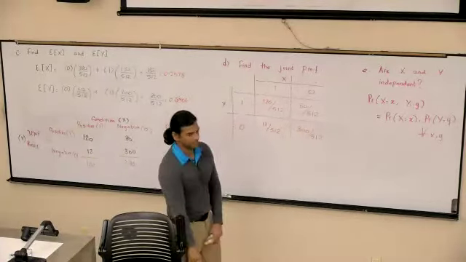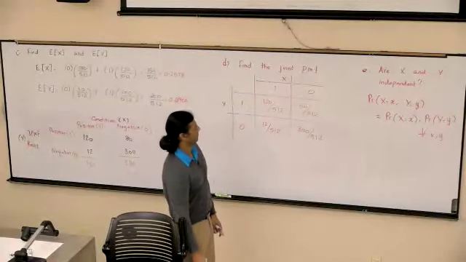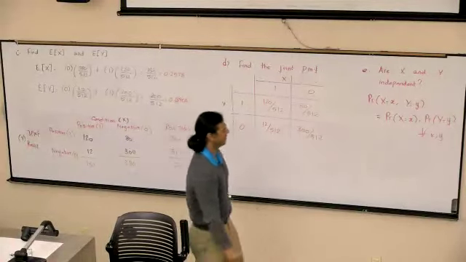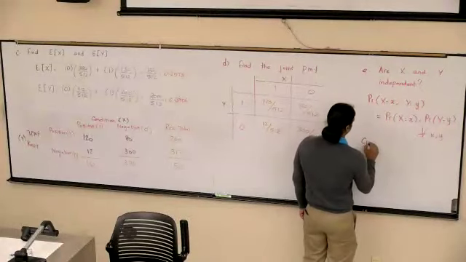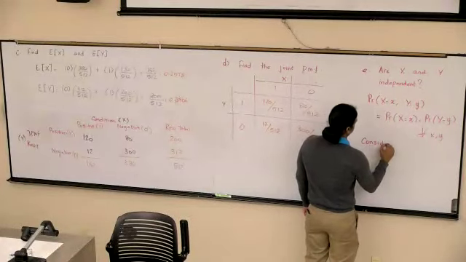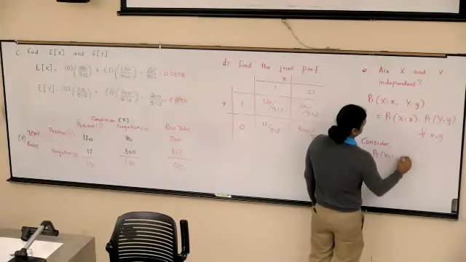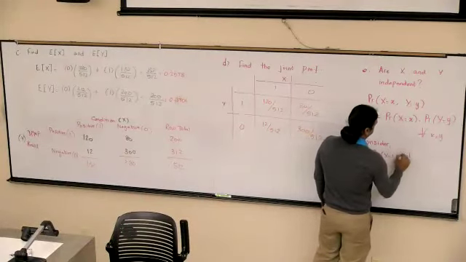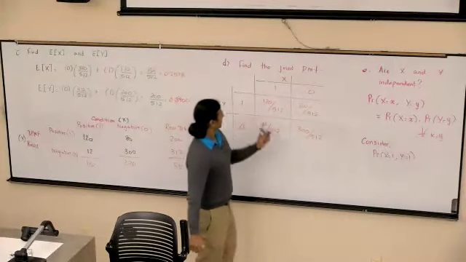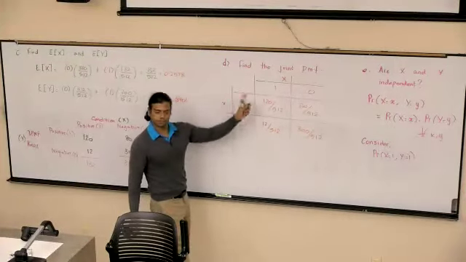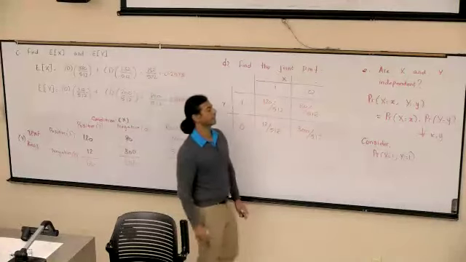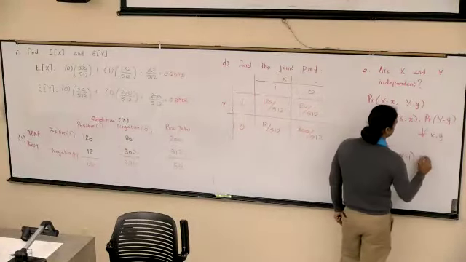Go ahead, pick one. 1, 1. The joint probability of 1, 1 is 120 over 512.